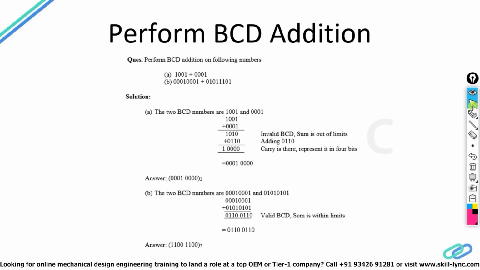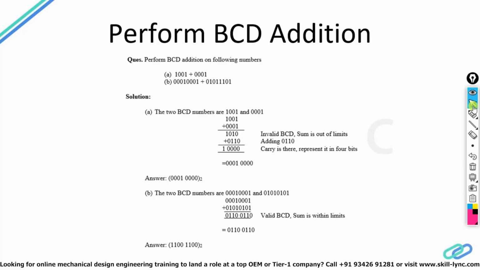Okay, the simple rule is just add two numbers. If by adding the two numbers, whatsoever the result, you bifurcate it in 4 bits, and still its value is more than 9, then you will say it is an invalid number. Now what can you do with this invalid number? You will add 6 to it.